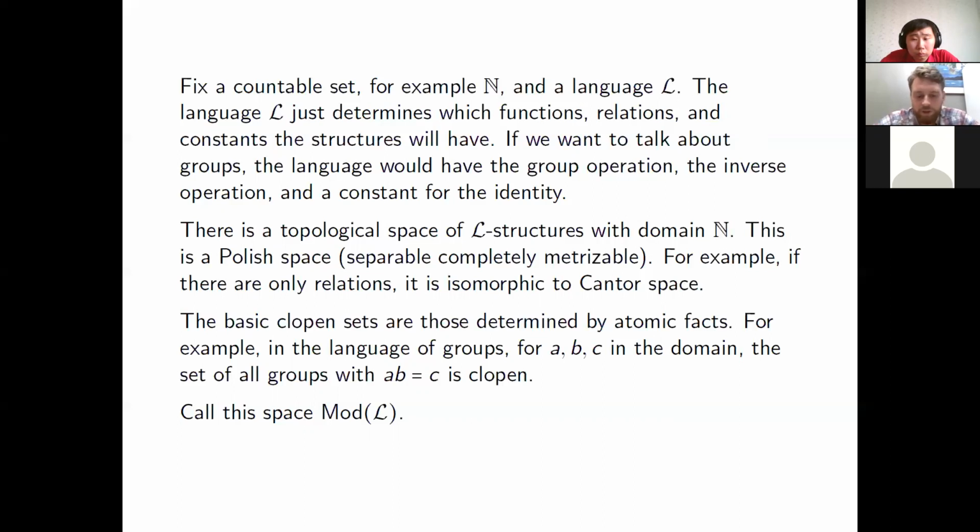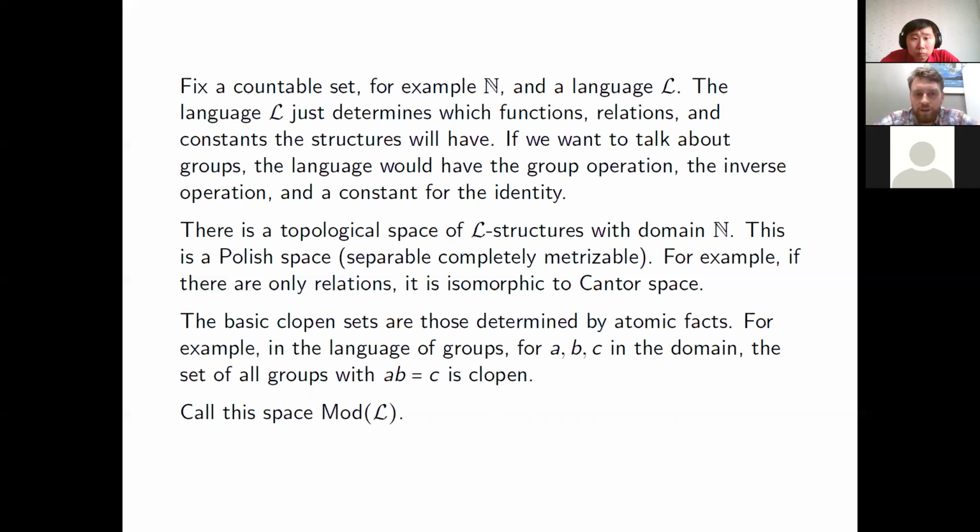So there's a topological space of all the structures in the particular language I've chosen on my domain. And this is a Polish space, which means that it's separable, complete, and metrizable. For example, if there are only relations, if there are no functions around, say the space of all graphs, then this looks like the Cantor space.